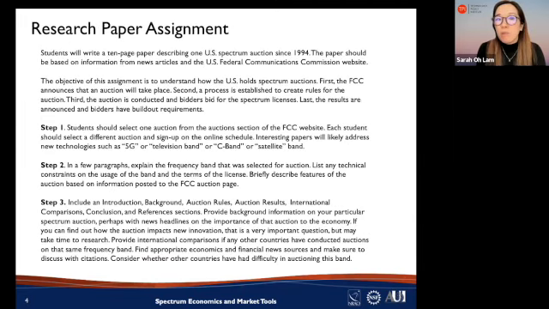So here's a little bit more about your research paper. And there's a handout with a syllabus and the course material, which includes this explanation as well.